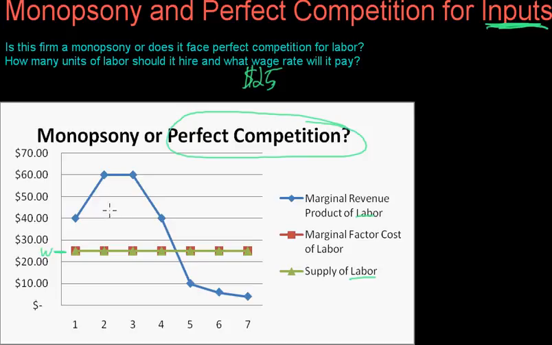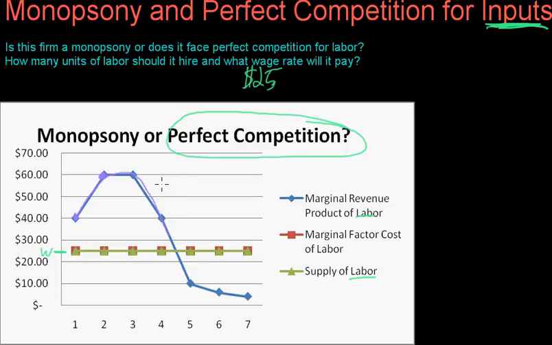So then how many units of labor should it hire? Well, it should hire up until the point that those workers can't make enough revenue to earn their salary, basically. All of these workers right here, this guy and all of these laborers up here, they contribute more to the bottom line.